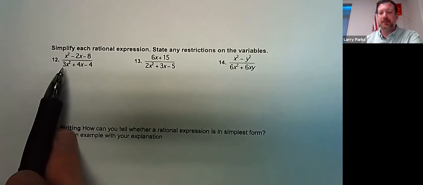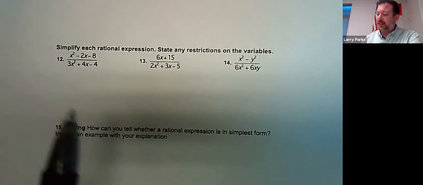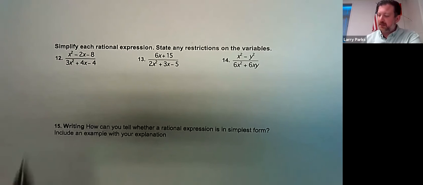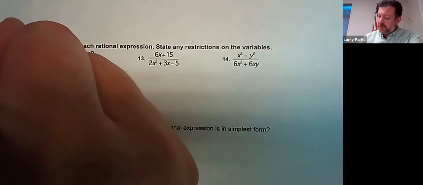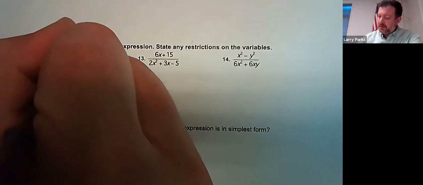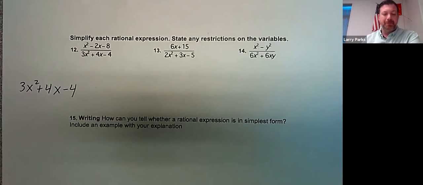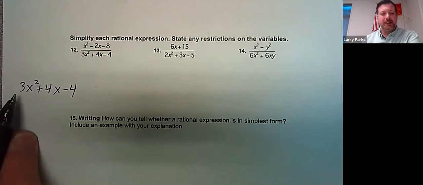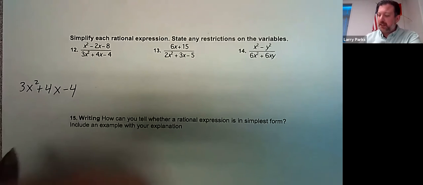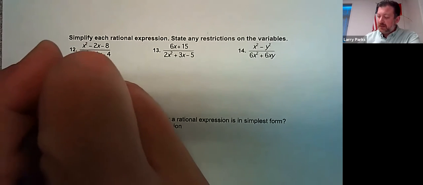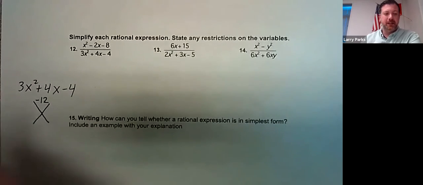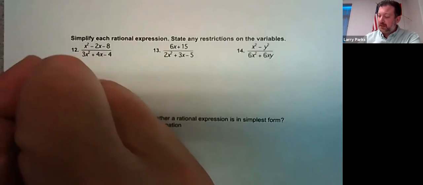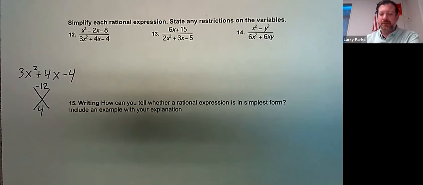So I'll do number 12. Number 12, how do I factor this? It's been a while. When A is not 1, you take 3 times negative 4. That's negative 12. Bring down the 4. You ask yourself what multiplies to negative 12 and adds to 4.